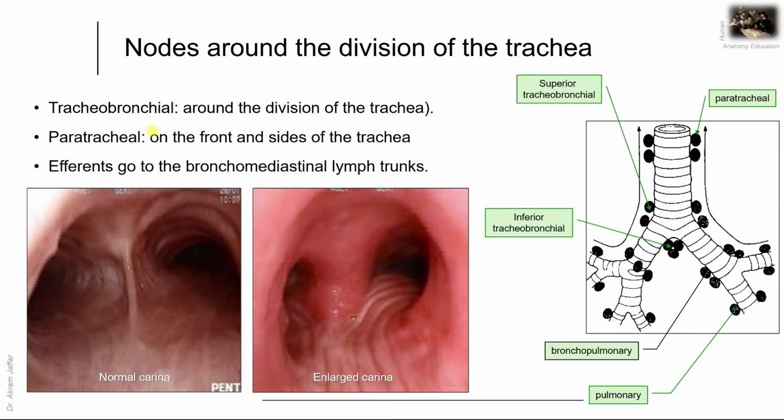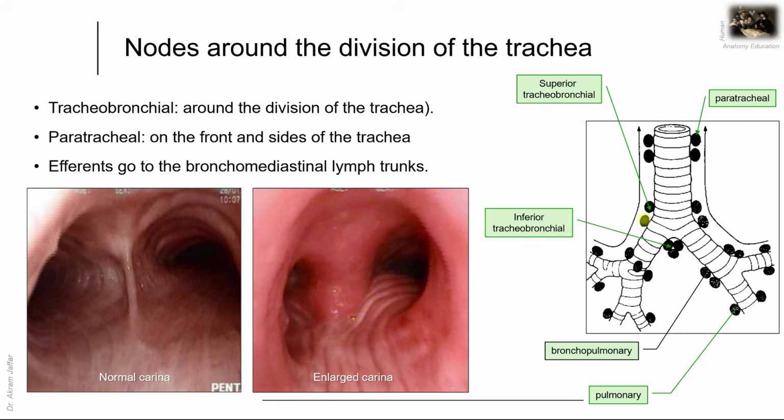Now, the other lymph nodes, apart from the pulmonary and the bronchopulmonary lymph nodes, we have the tracheobronchial lymph nodes. These are located around the division of the trachea. Also, we have the paratracheal lymph nodes, as the name indicates, on either side and in front of the trachea. And efferents from these will again go to the bronchomediastinal lymph trunks.